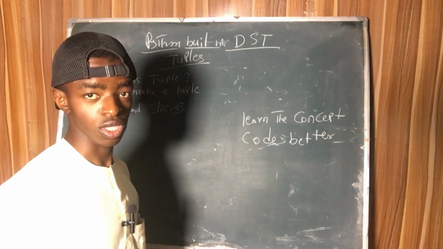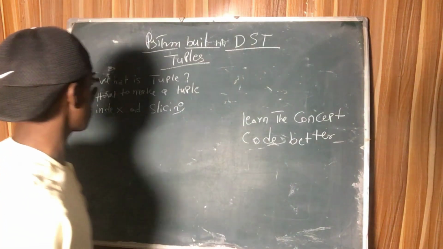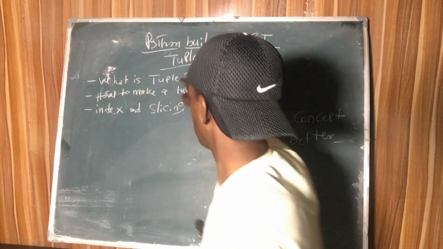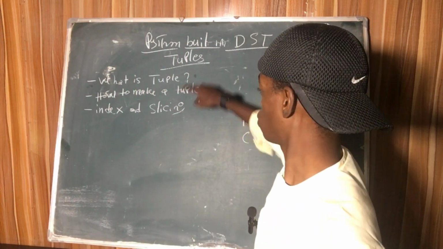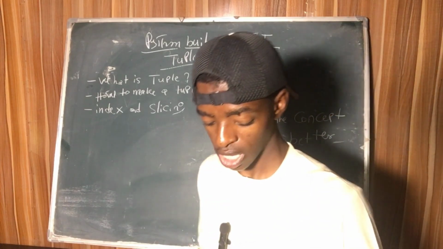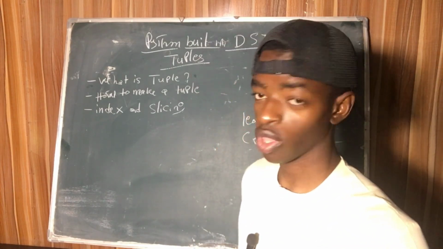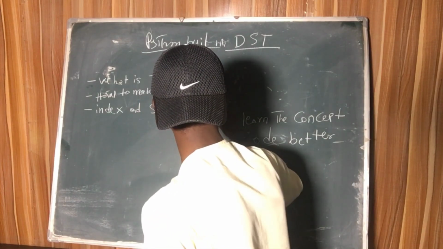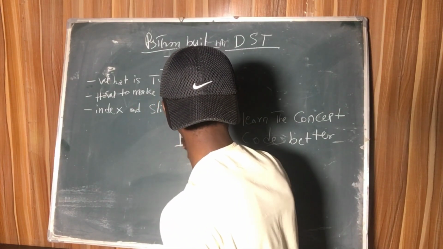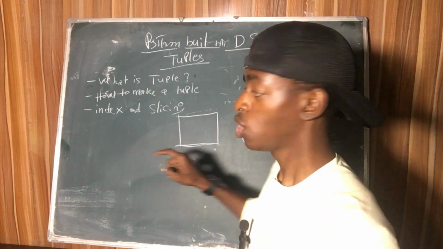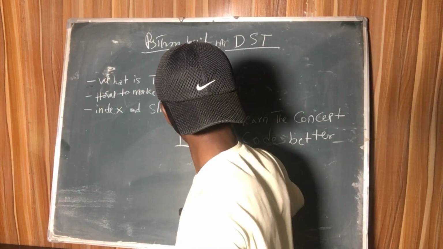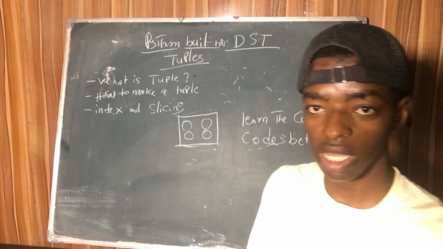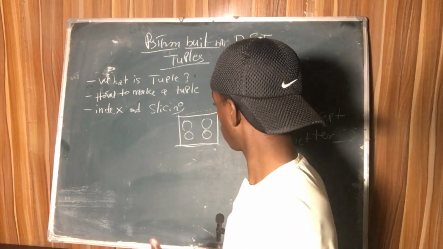So let's learn about the concept of a tuple. Imagine a tuple is a box where you can store all of your data. This is the box, where I can store my data inside. Whatever I put inside this box is the data. I can arrange it the way I want, in the order I want.